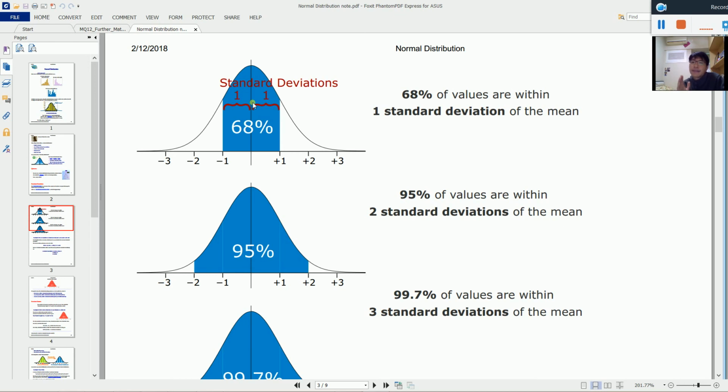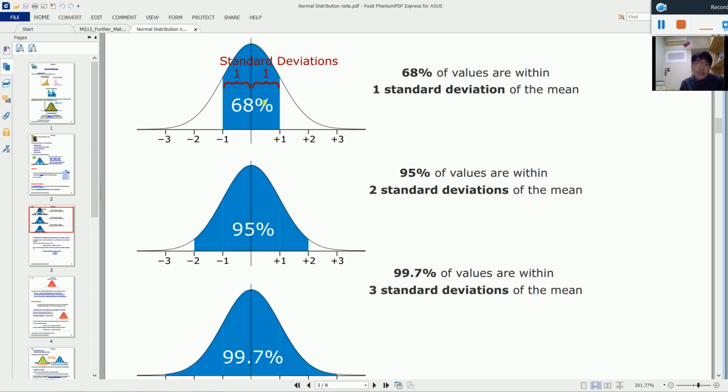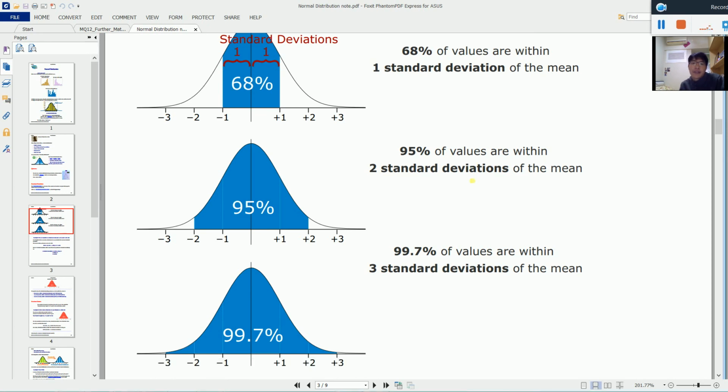The measurement basically starts from the mean, and you measure the left-hand side and the right-hand side. Then you have 2 standard deviations for 95%. 95% of all the entries, the values, would be found between -2 standard deviations all the way to +2 standard deviations.